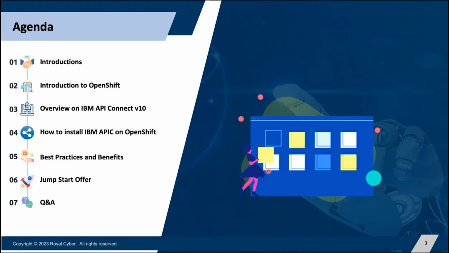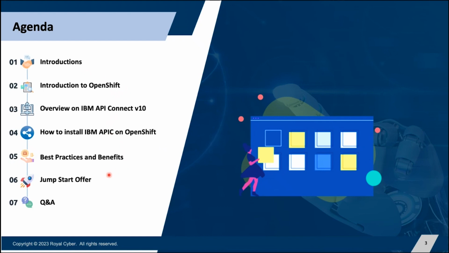Now let's discuss what we'd like to cover in the agenda today. We'll start off with the introductions, and then we will talk about what is OpenShift. We'll move forward with an overview of IBM API Connect version 10 and the installations on the OpenShift platform. We'll talk about the best practices and benefits towards that.